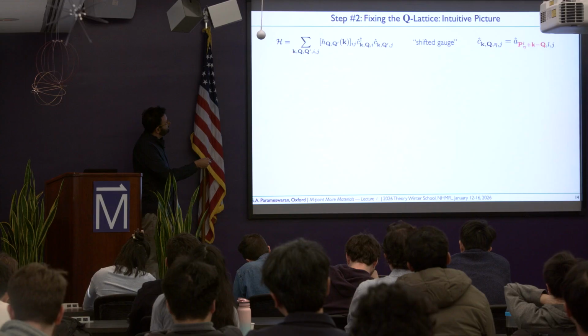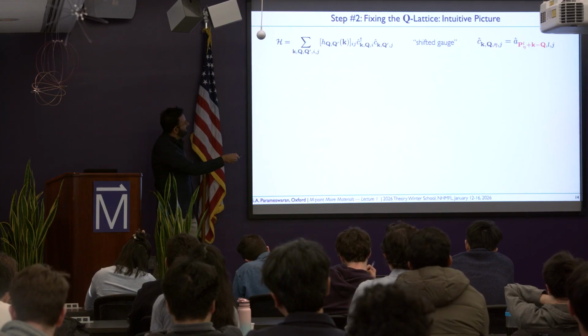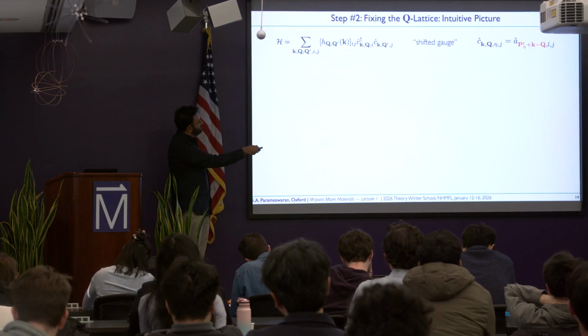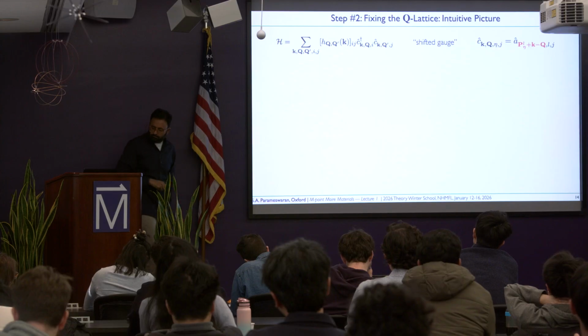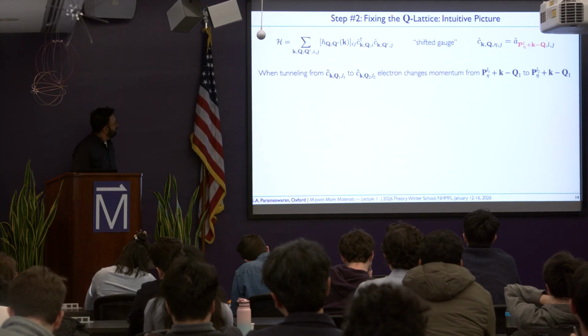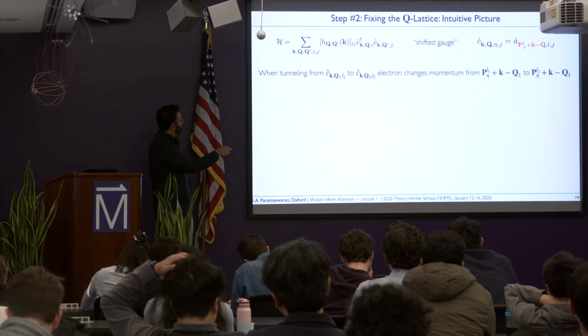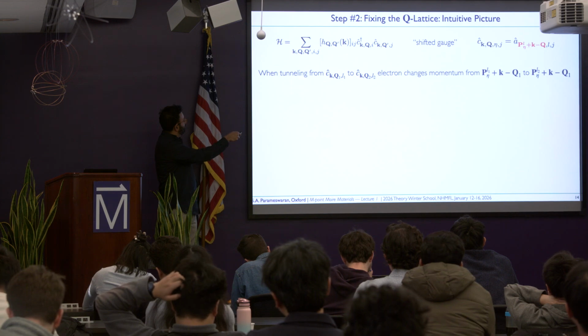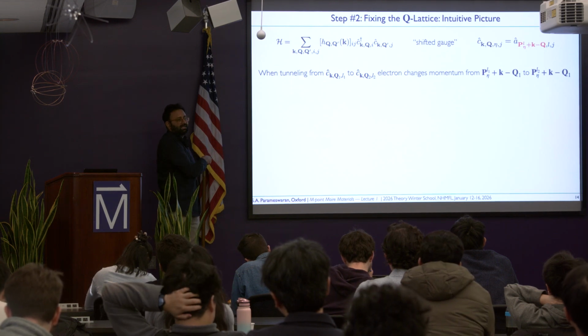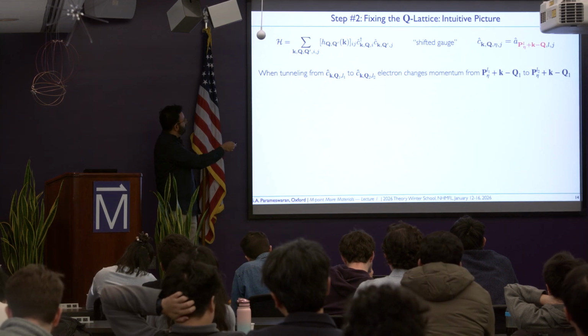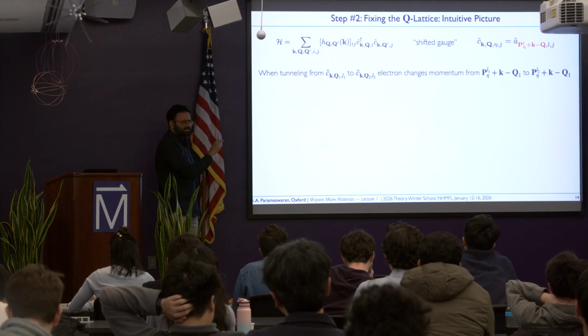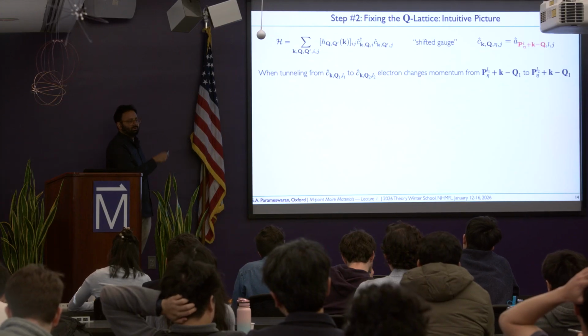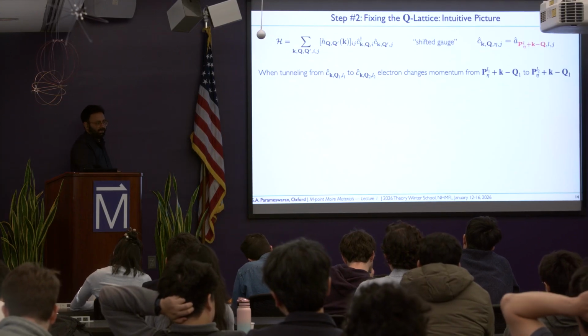So let's think of this shifted gauge. I have c_{k,Q} and eta_J has this form here. Imagine I tunnel; this is a tunneling matrix element after all. I want to think about an electron: it's a tunneling matrix element because the Moiré potential is scattering electrons from one momentum to the other.